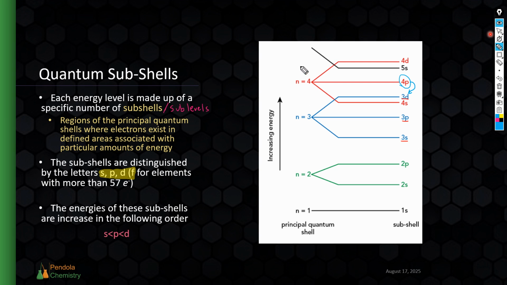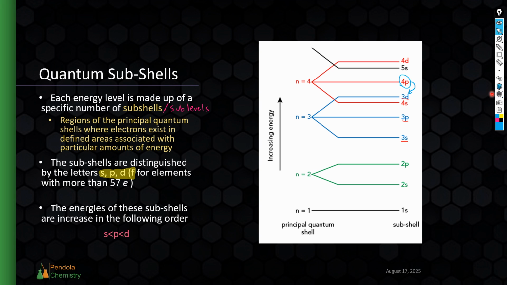Once we go over to a different energy level, that changes because the P sublevel in the fourth energy level is higher in energy than the P sublevel in the third energy level, so on and so forth. So you've got to be very careful. You can only compare those sublevels within the same energy level.